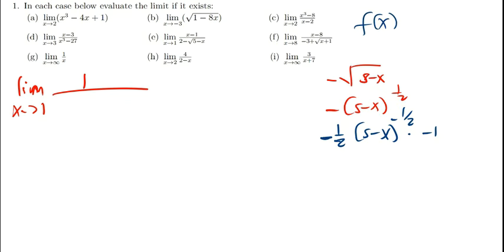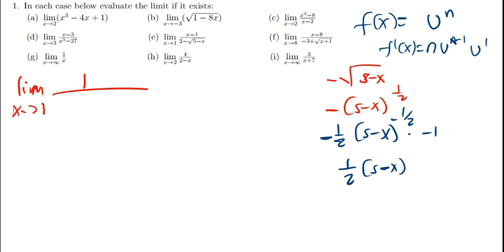What I mean is this: if f of x is equal to u raised to the power n, then f prime of x, you drop the power, keep u constant, the power reduces by 1, times the derivative of what is inside, which is the derivative of u. That's what I've done here. So negative and negative will give me positive.